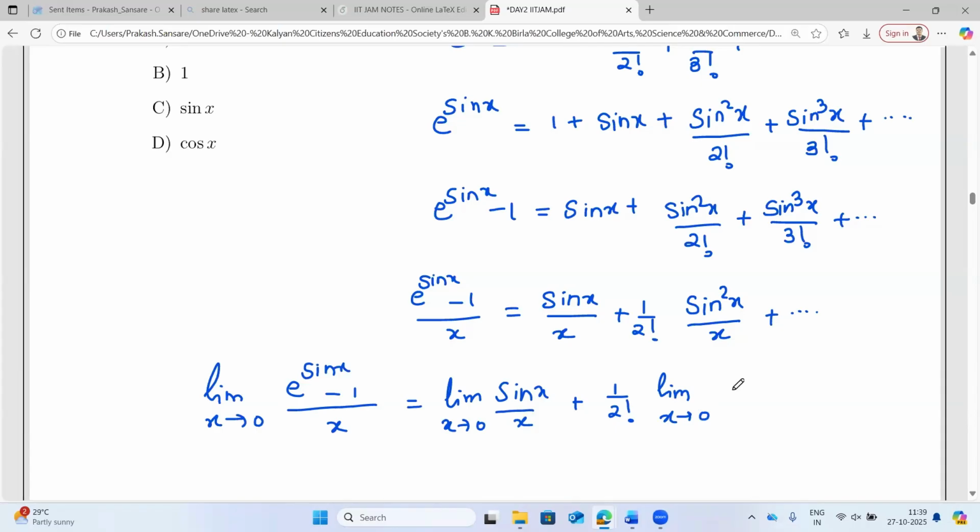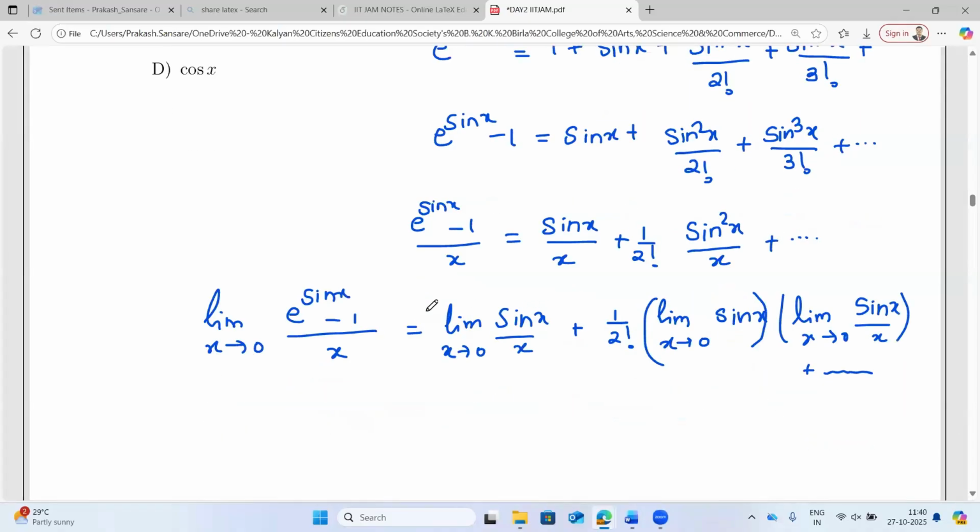Sin square is basically sin x into sin x, and limit of a into b is the same as limit a into limit b. Now, this is a very standard result. What is limit as x approaches 0 of sin x upon x? 1.